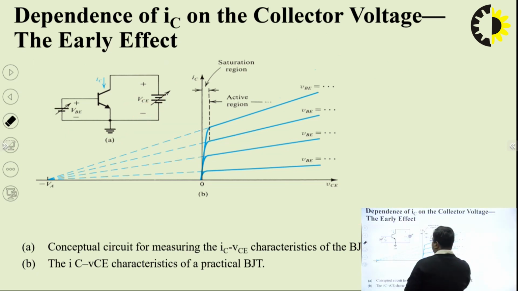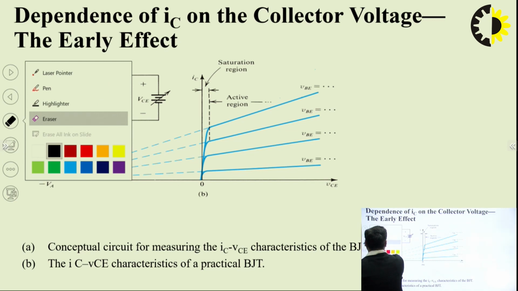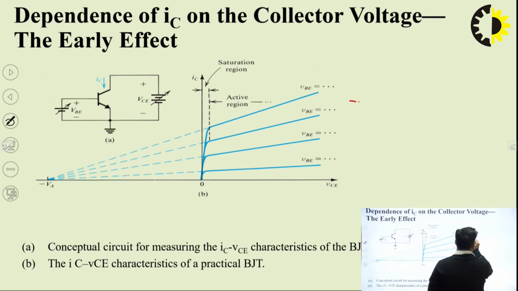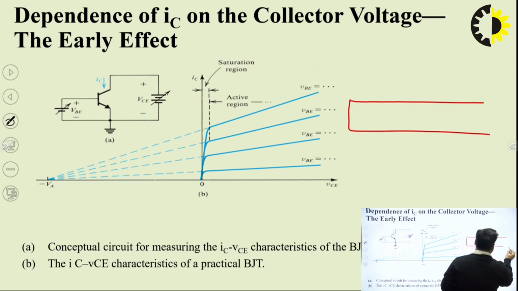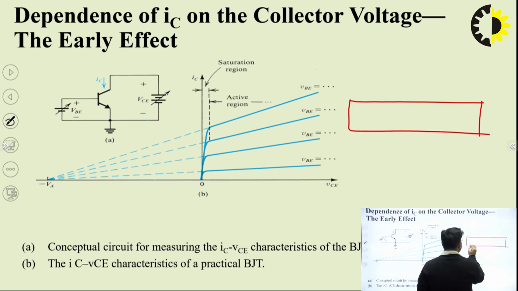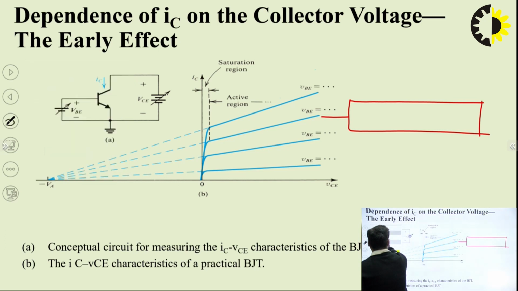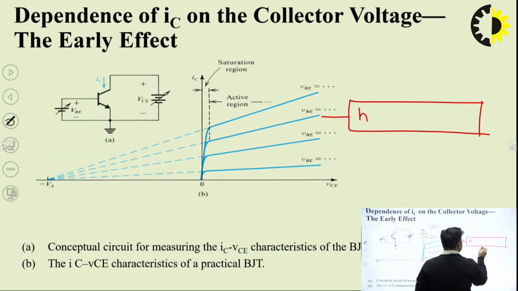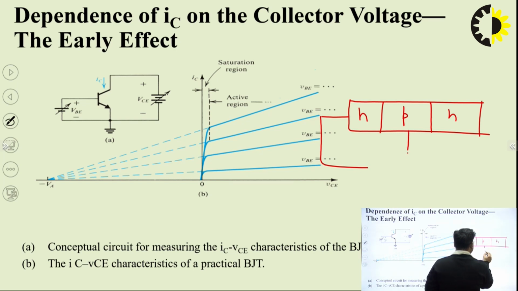Okay. Now, I am redrawing the structure. This is an NPN transistor, EBJ, emitter, base, collector. This is N, it's a P and it's an N. Forward voltage is applied between these two.